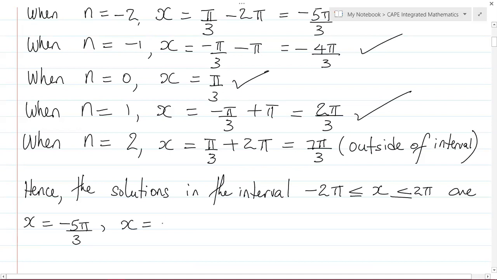Then we had x equals -4 pi over 3 radians, that is also a solution.